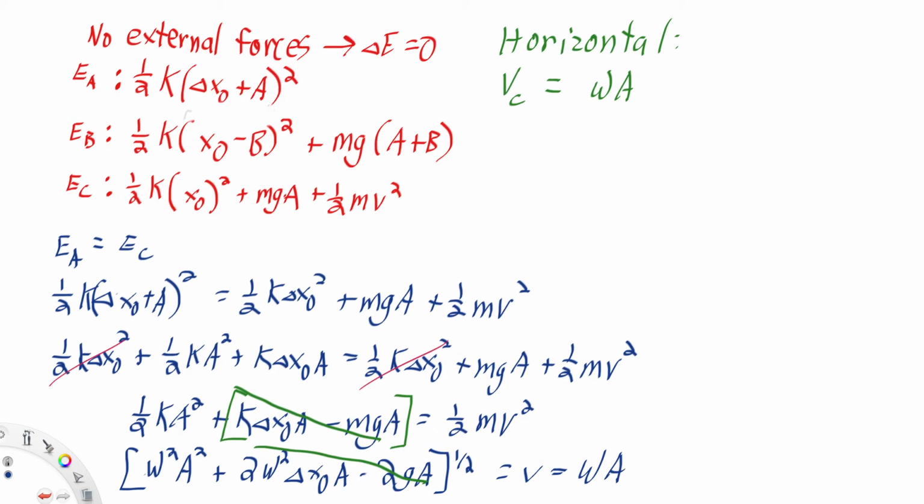Why did we spend half an hour working on this if it turned out to be exactly the same as the horizontal case?